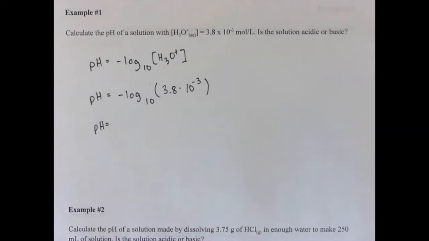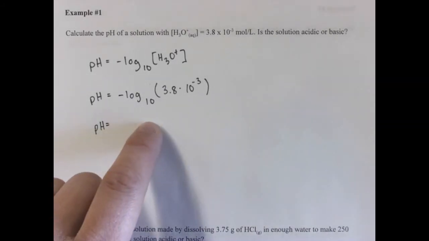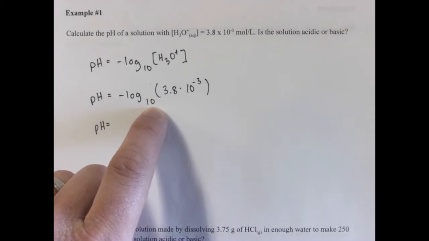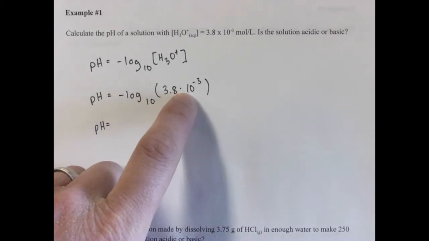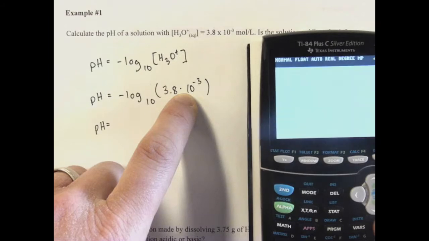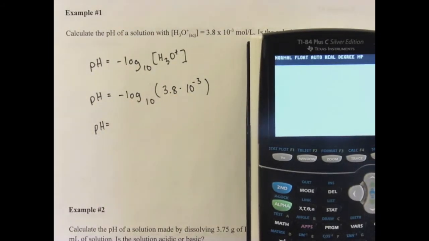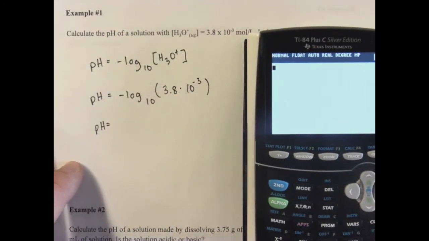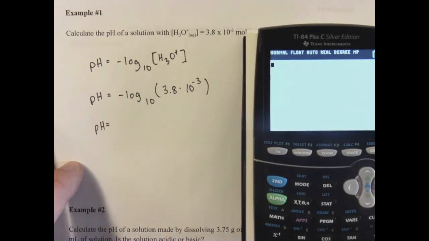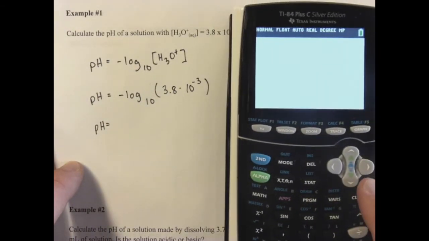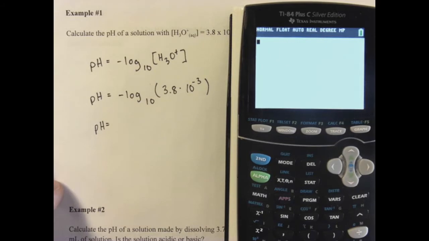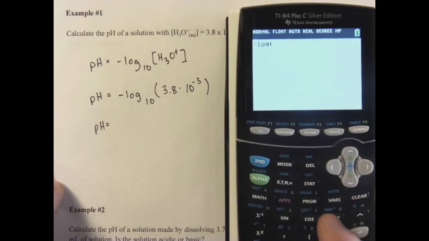Remember, what we're doing here is trying to figure out what exponent, when applied to 10, gives us this number. Thankfully, we can figure out that exponent, that logarithm, by taking the negative log base 10 of this number. So press the negative sign, then log.